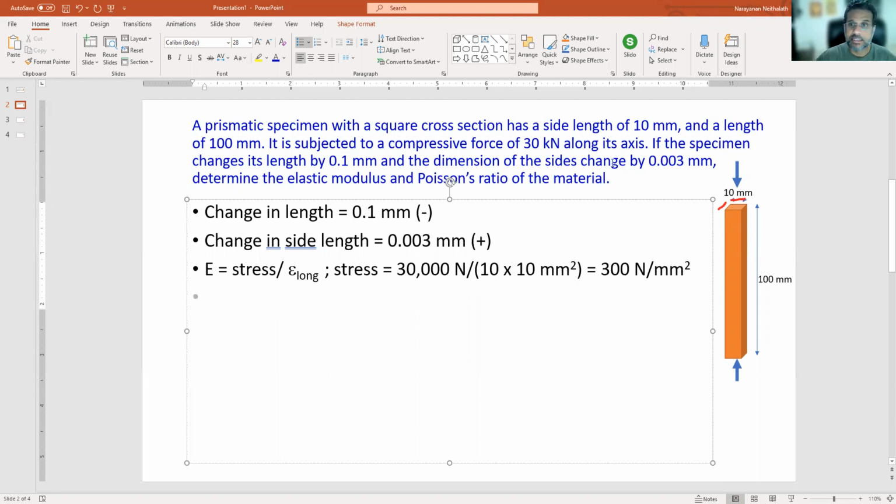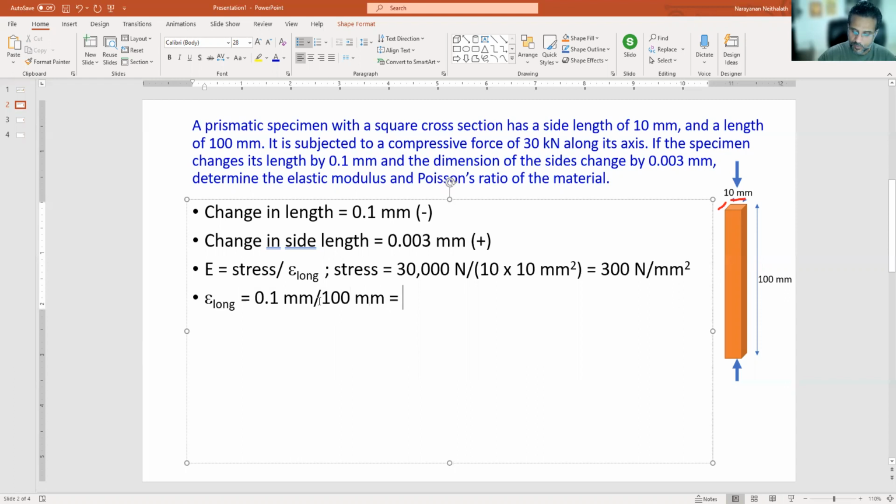Elastic modulus is given? No, I have to find the elastic modulus. So I now have to find the longitudinal strain. So longitudinal strain would be change in length over original length. I have put change in length earlier as 0.1 millimeters, and original length is 100 millimeters for the sample.